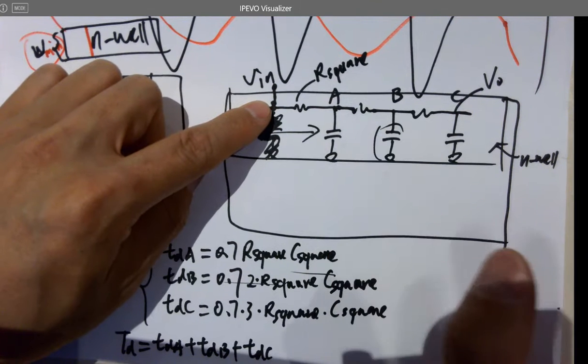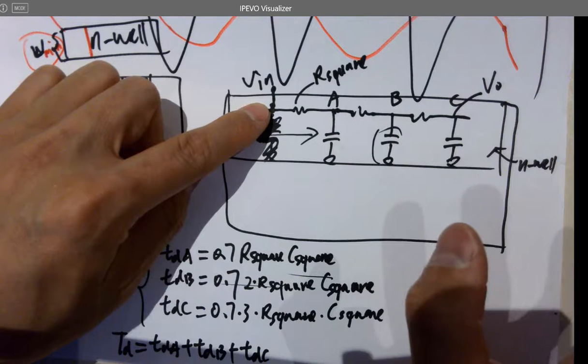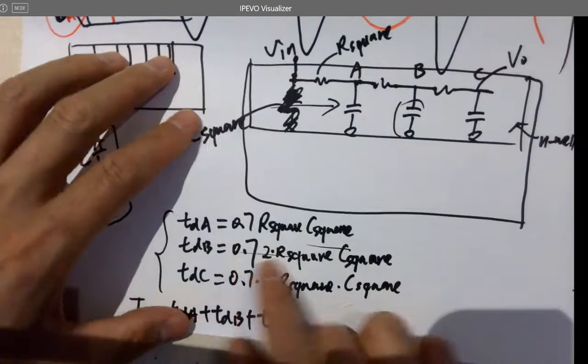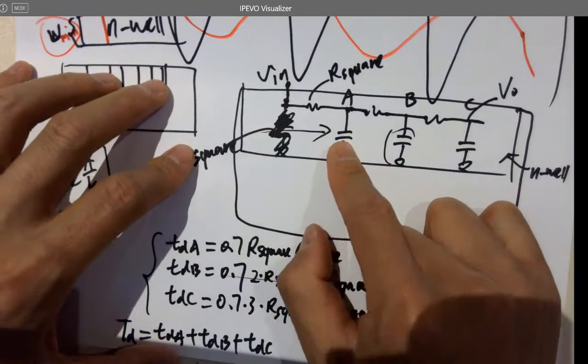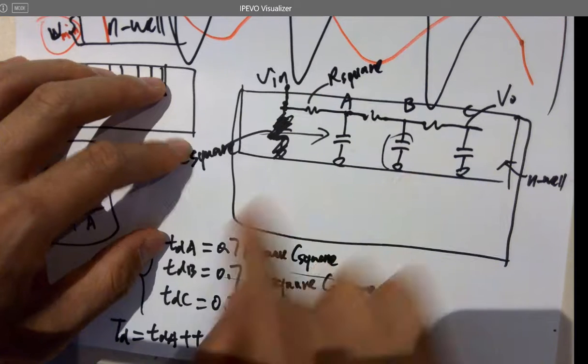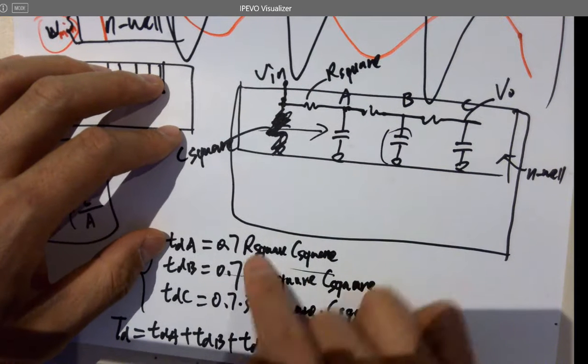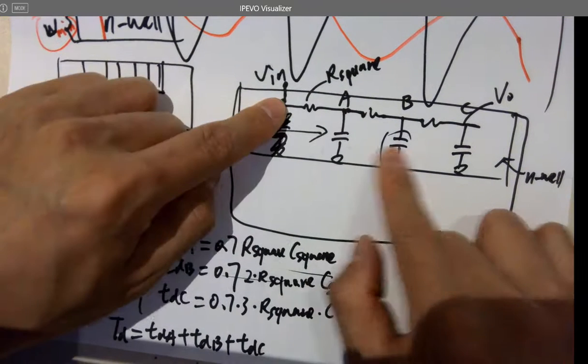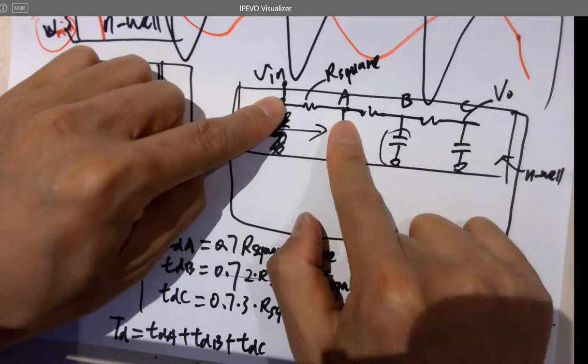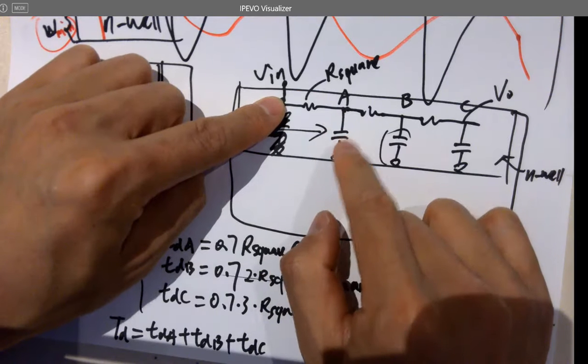I think this is something very similar to superposition. You just accumulate all the time delays because this cap has already been calculated here already. So you're adding them together eventually. So that's why when you are looking at this cap, you are not looking at this one. The time delay contribution from this one has been calculated.